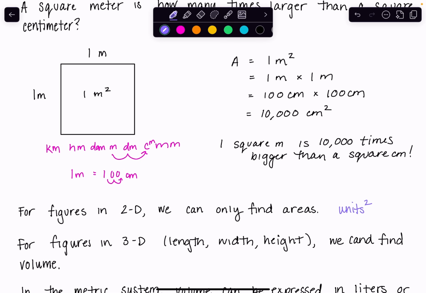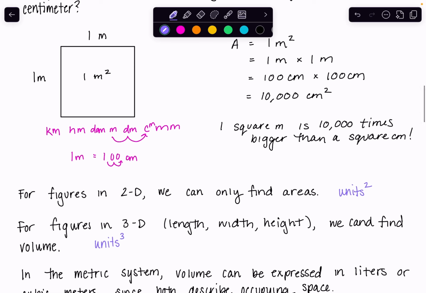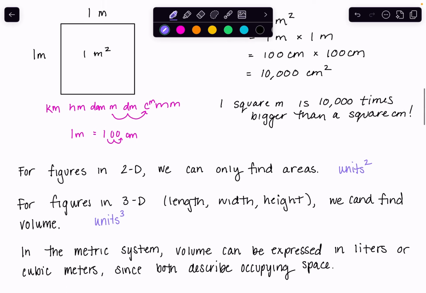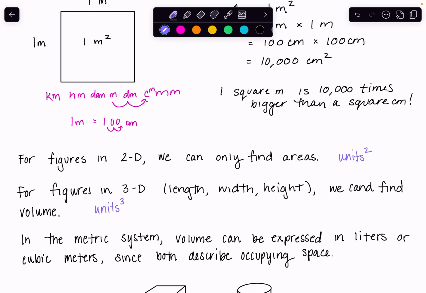And these are always going to be given in units cubed when you're dealing with length as the starting point. However, for the metric system, you can express the volume in terms of meters to the third, centimeters to the third, anything of that nature. But we also have those units of liters that we can measure it in.